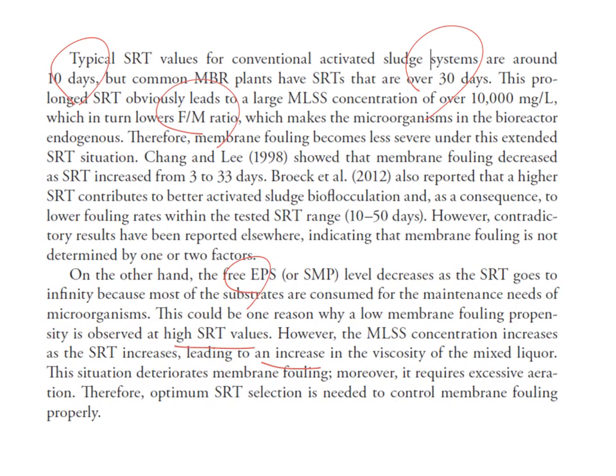So we have two competing factors. By increasing SRT, the free EPS will decrease, but viscosity and MLSS increase, so they have different effects. That means we need to have optimum SRT values rather than just having low SRT or high SRT, because we have this kind of trade-off relationship.